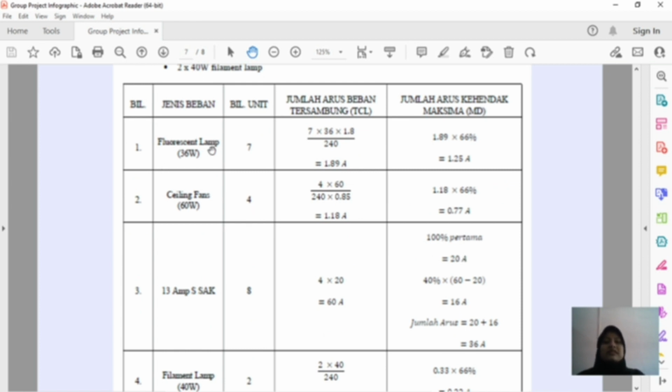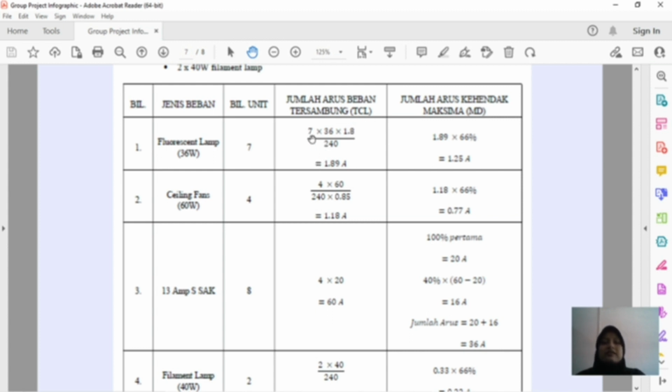So first we go to the fluorescent lamp, 36 watt power. The quantity is 7 units. So how to calculate TCL?